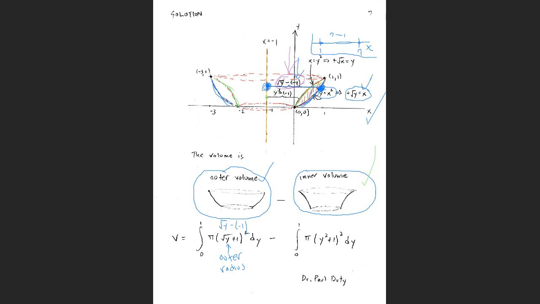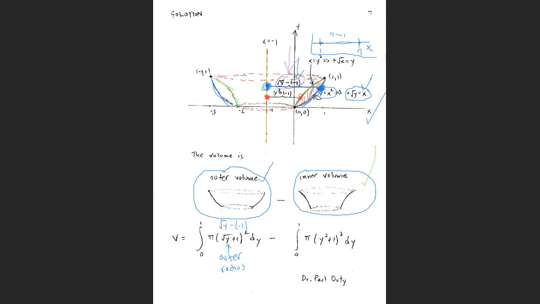Now the inner radius on the other hand would be this. Well, maybe I'll put it in red. Like this, the difference between these two x values. Well, the value on the right goes with x equals y squared. The value on the left goes with x equals -1.